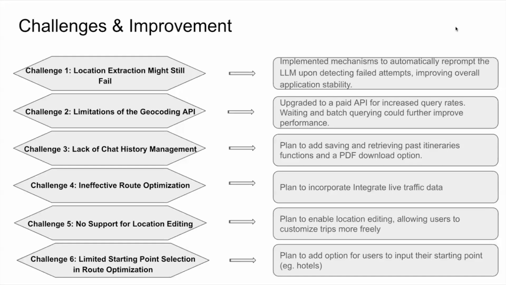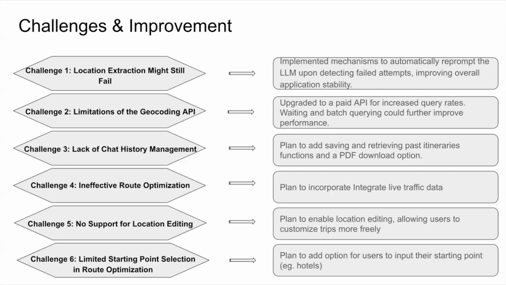Okay, so for the challenges, some are solved and some are planned for future updates. First, we found our location extraction might still fail, so we implemented a mechanism to automatically reprompt the LLM upon detecting failed attempts, improving the overall application stability.